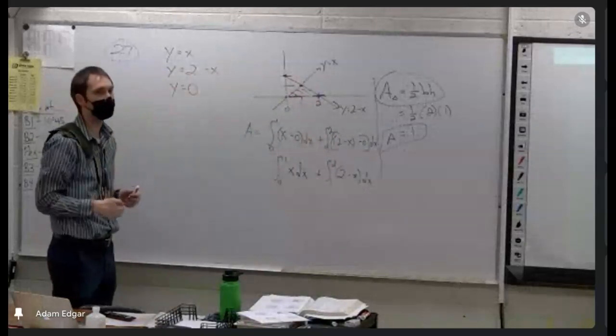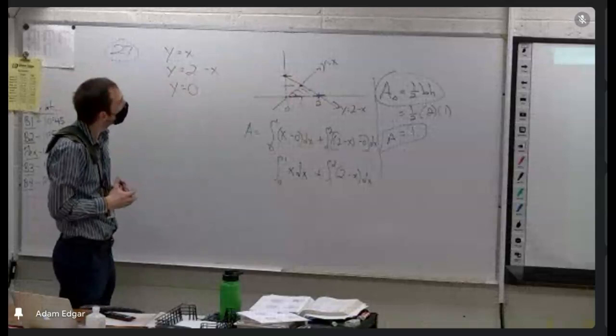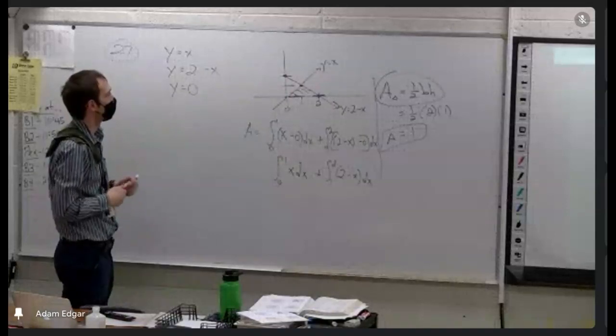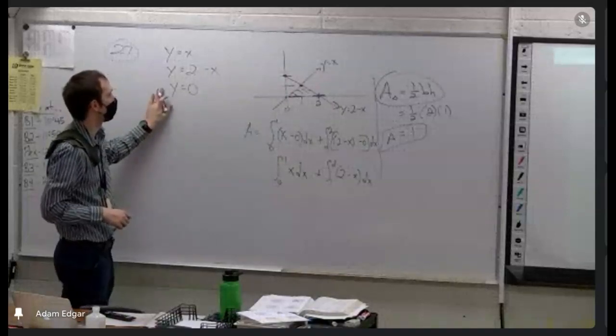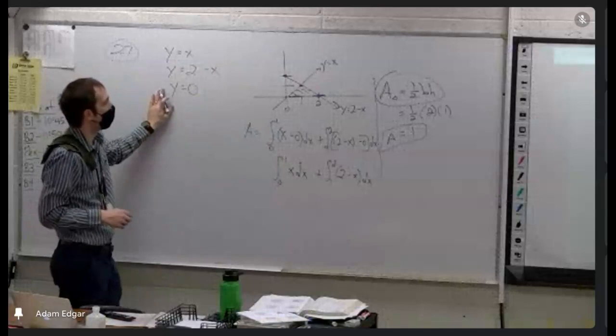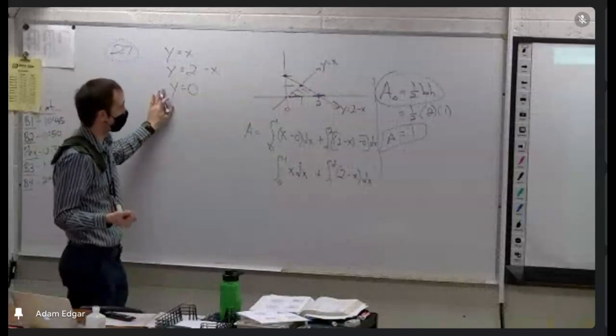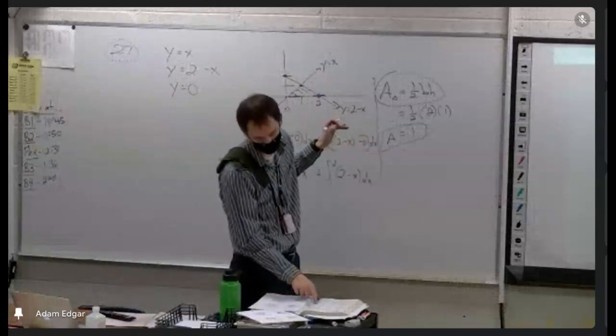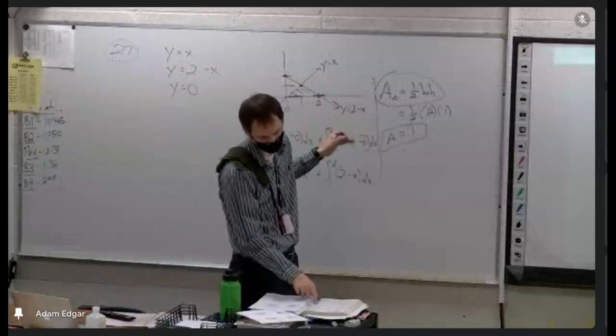So if they said the bounds were 0 to 2, would we know that it has to be between the x-axis, or could we assume that it's the triangle between the y-axis and the... You have to be careful how it's worded. So this one, it's sketch the region bounded by the graphs of the algebraic function.